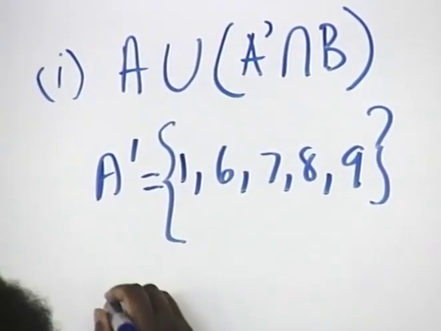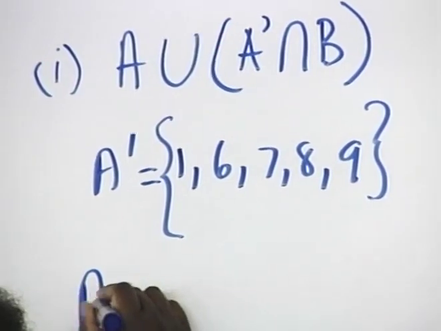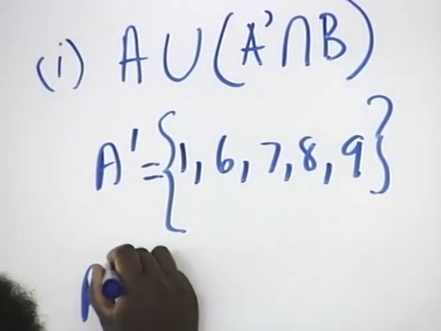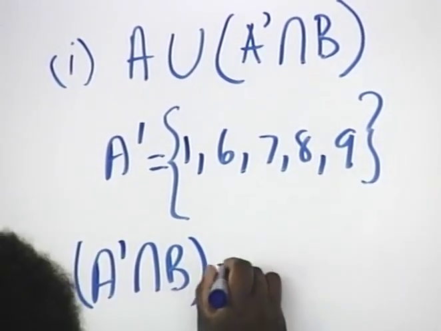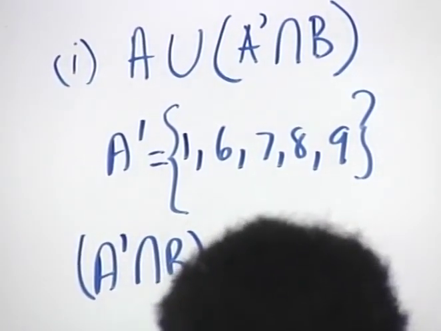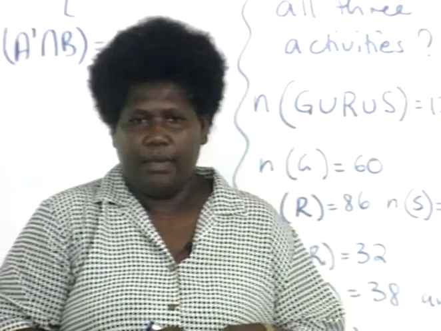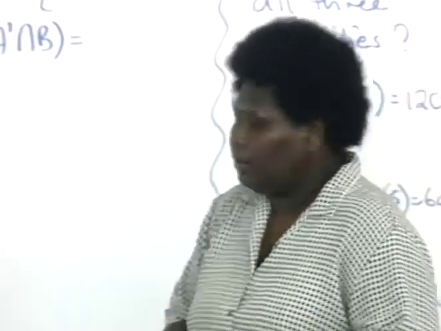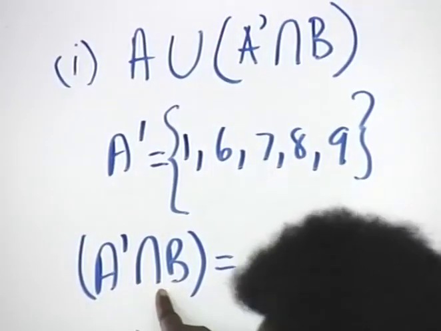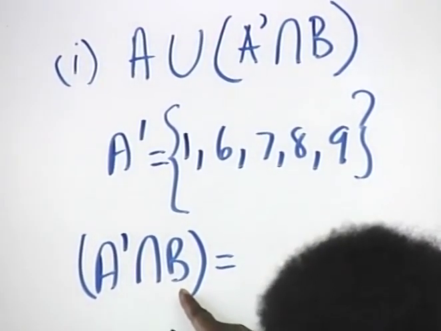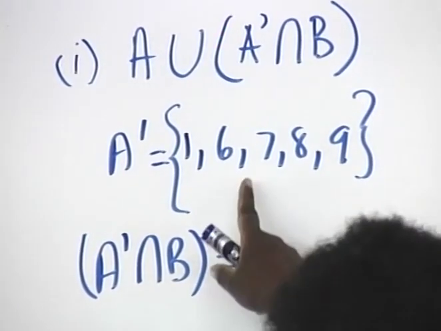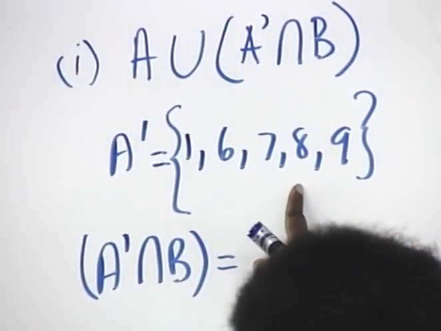And A intersection B. B is given to be 4, 5, 7, and 8. So the complement of A intersection B is going to be 7 and 8, since 6 is not in B. Clear?